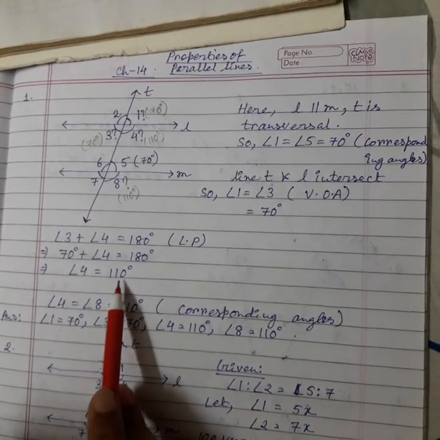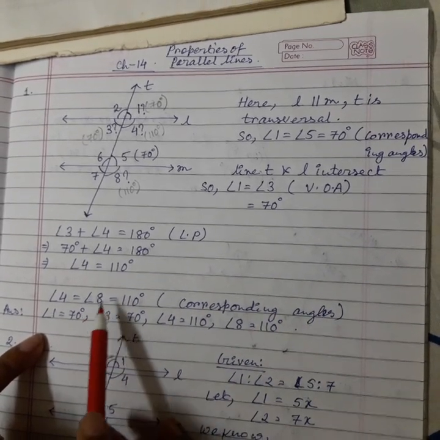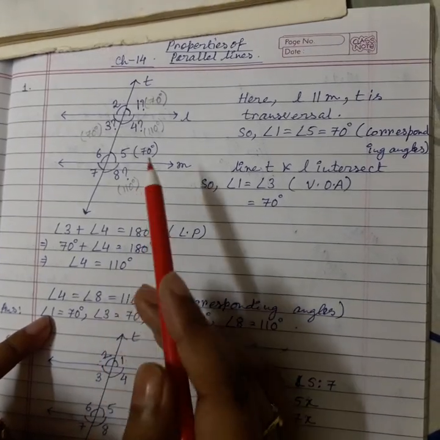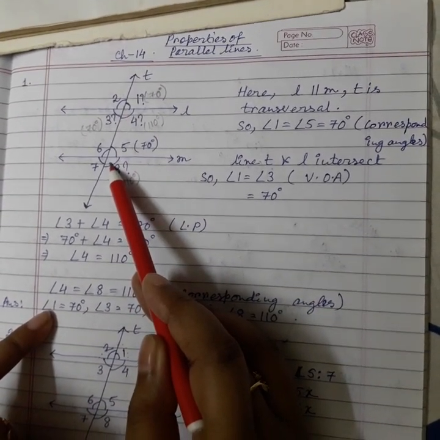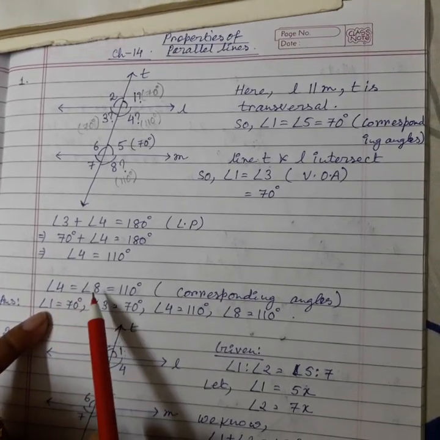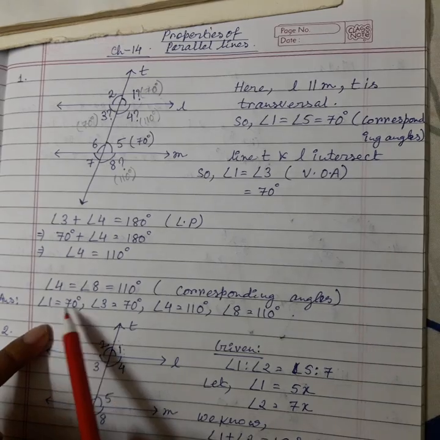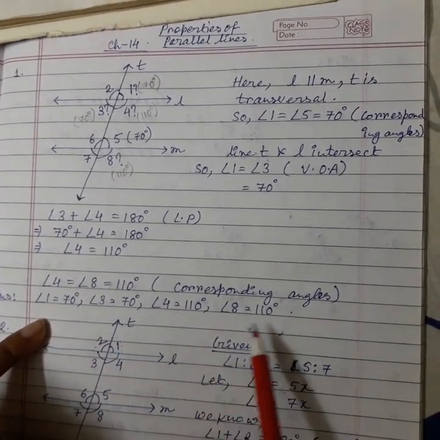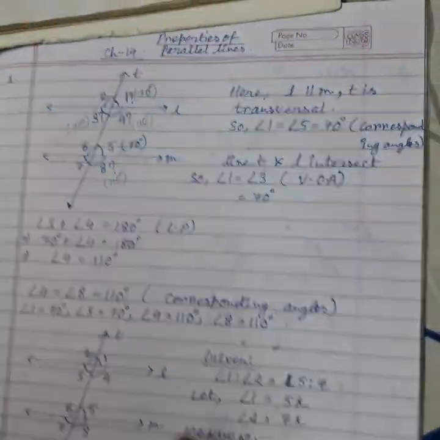So angle 4 is coming 110 degree. So all the angles we have got. Oh, angle 8 is remaining. Angle 4 is 110. Now angle 4 and angle 8 are corresponding angles. So here I have written angle 4 equal to angle 8 equal to 110 degree. So angle 1 equal to 70, angle 3 equal to 70, angle 4 equal to 110, angle 8 equal to 110.